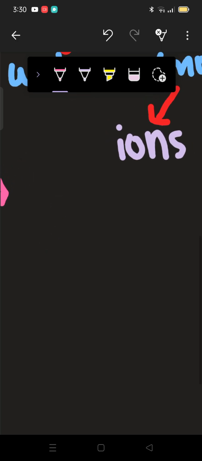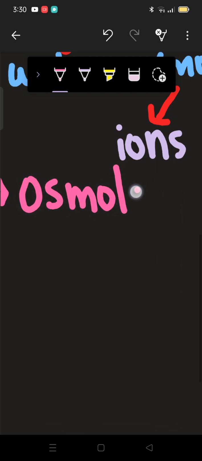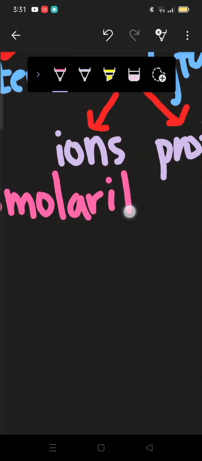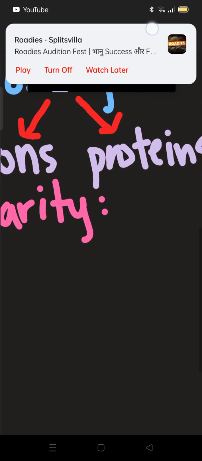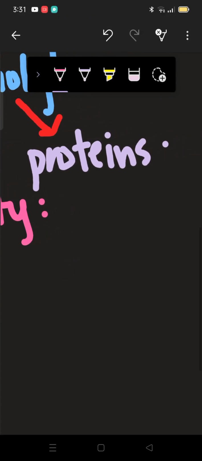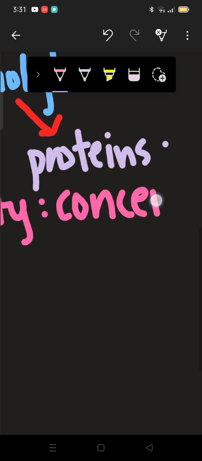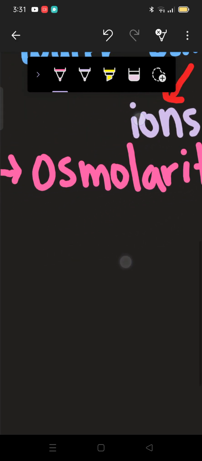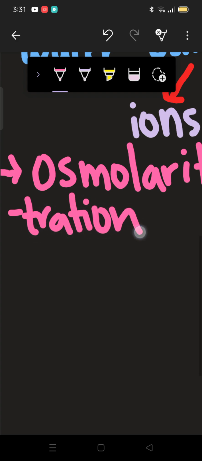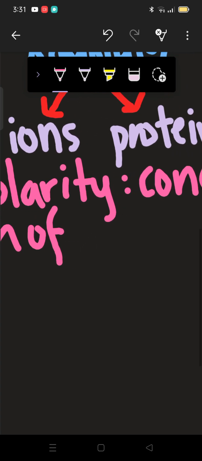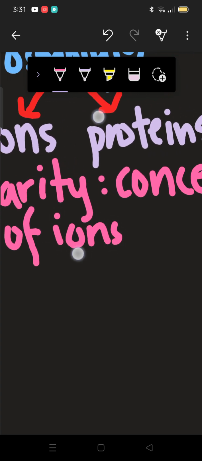Osmolarity is the concentration of ions in blood, sodium ions in the blood. So, the concentration of ions in the blood.